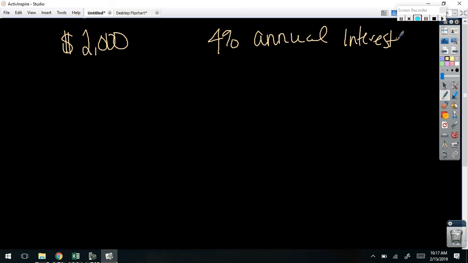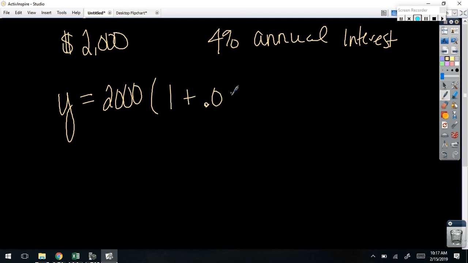Y equals A. What is A? 2,000. Times 1 plus 0.04 to the T. It's that easy. Good job. This is just the growth model.